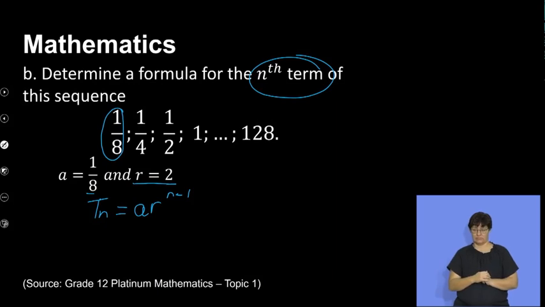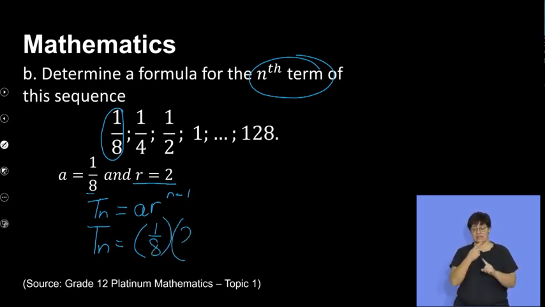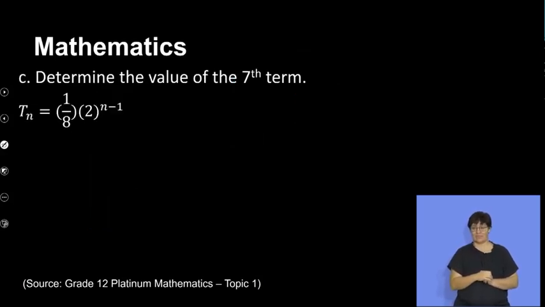So the nth term for the sequence will be Tn is equal to an 8th times 2 to the power of n minus 1. So that is my nth term for the sequence. Let's move on to C, everybody. We are doing well. Thank you for staying with me. I hope this is making sense.